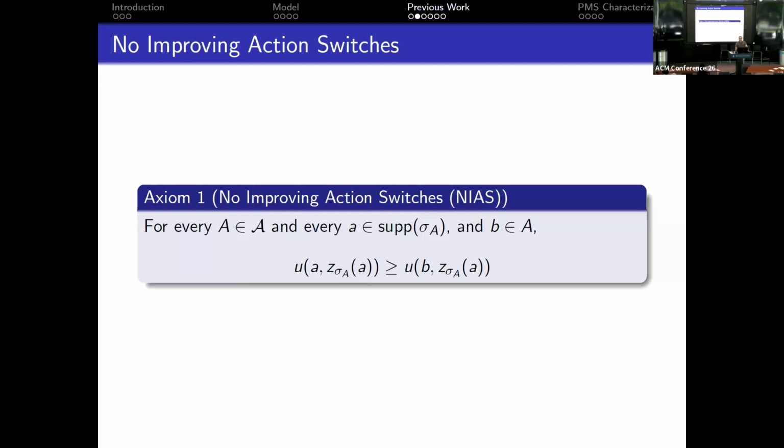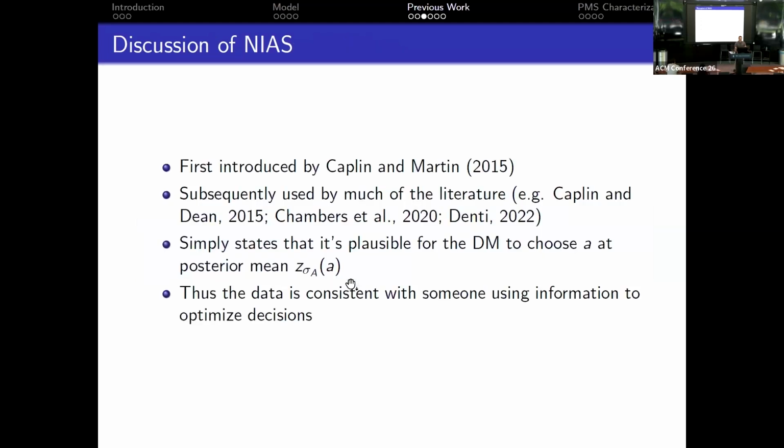You can think of this as saying that if the decision maker is deciding based on information that they see, then their choices based on the information they receive have to actually be optimal. So this would be consistent with first getting information and then choosing based on that information. That's basically what I say in this slide here.